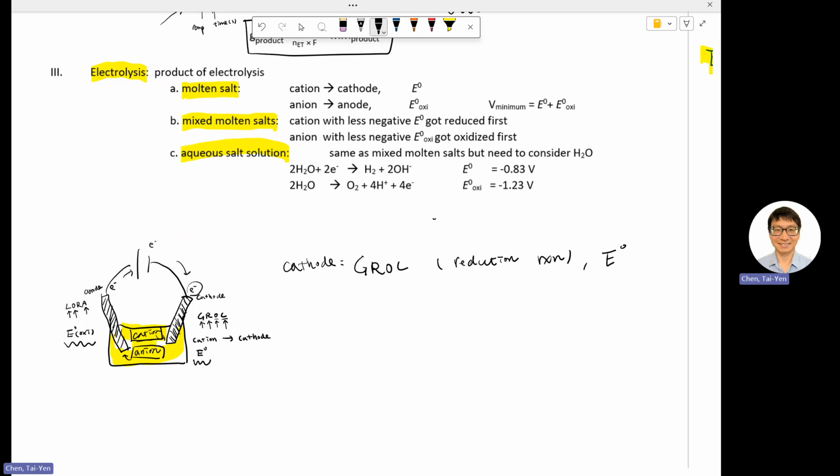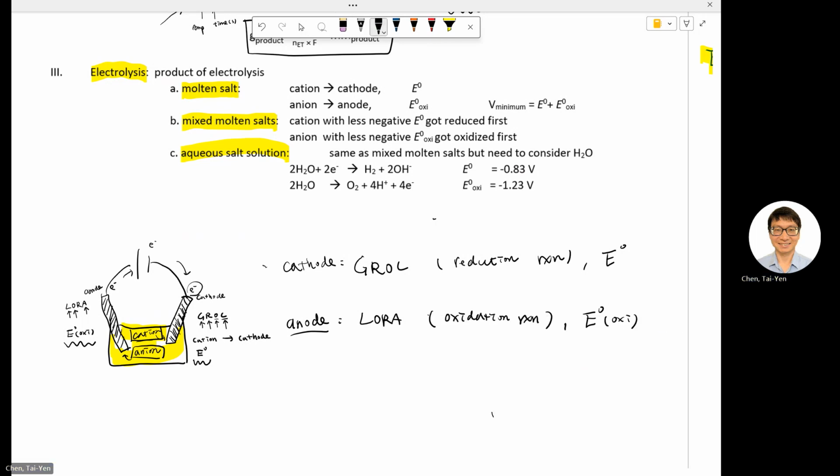The reduction potential is the most important thing to consider. Every time you see the cathode, look for the reduction reaction. And then the anode undergoes an oxidation reaction, so here the thing you need to consider is the oxidation potential.